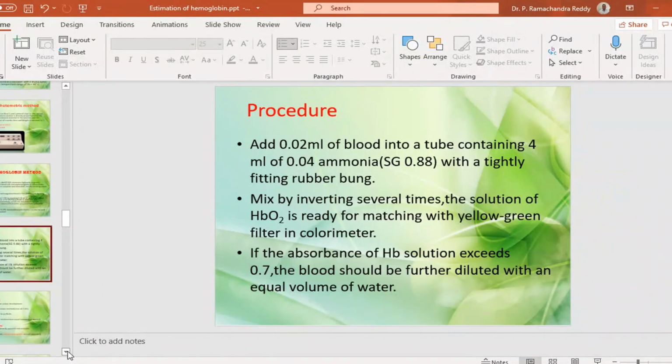Are you clear? Yes, sir. Is it clear for everyone? Yes, sir. I want to see the hemoglobin result from your blood sample.